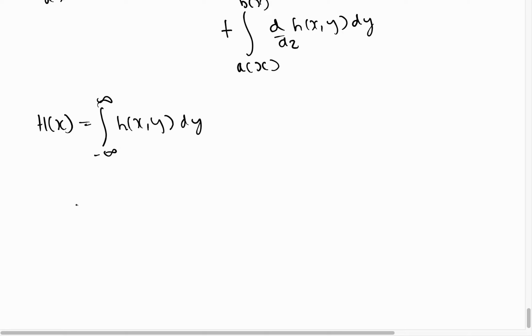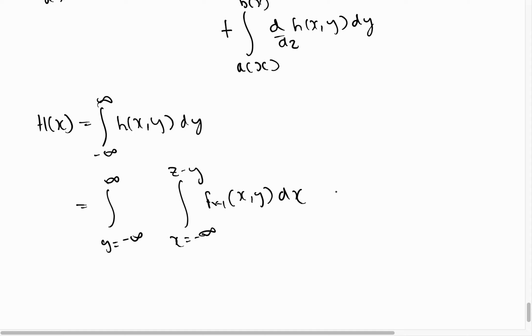And let me write our equation, that is integration y equal to minus infinity to infinity, integration x equal to minus infinity to z minus y, f_XY of x comma y dx dy, right?